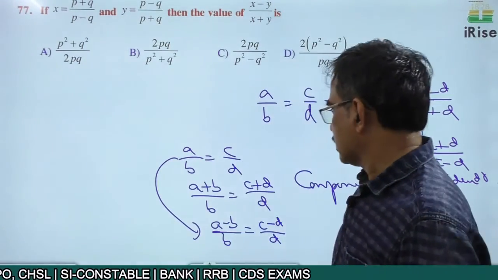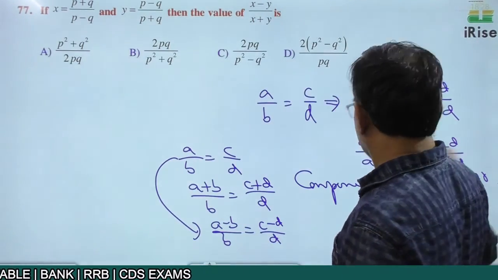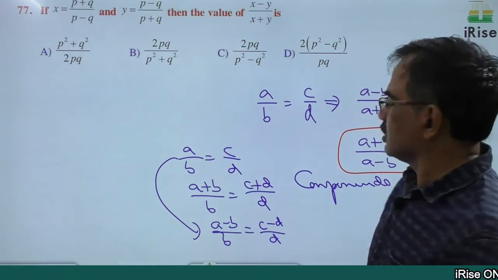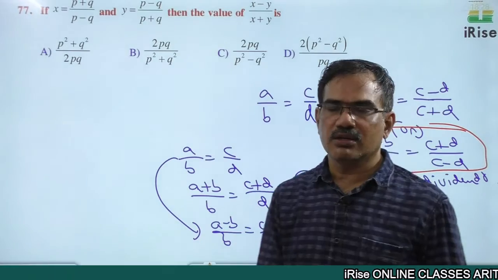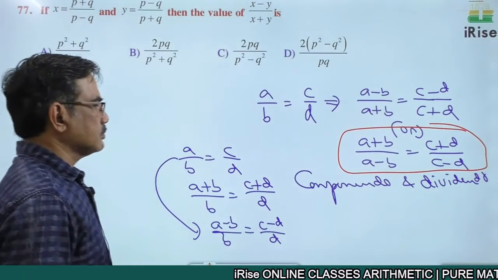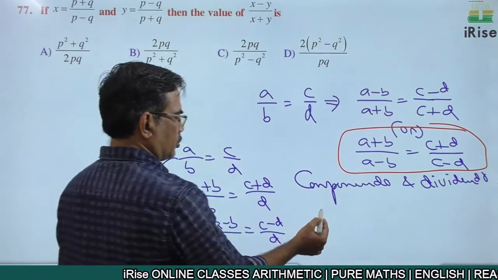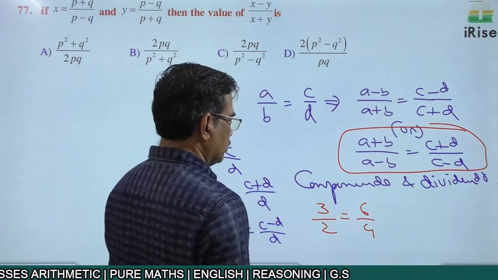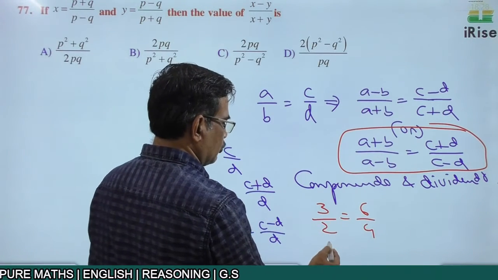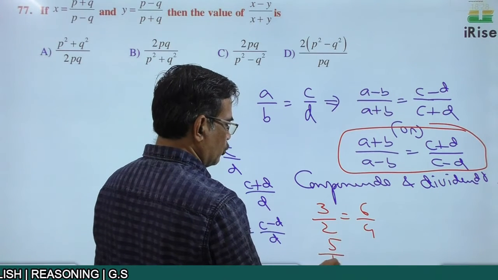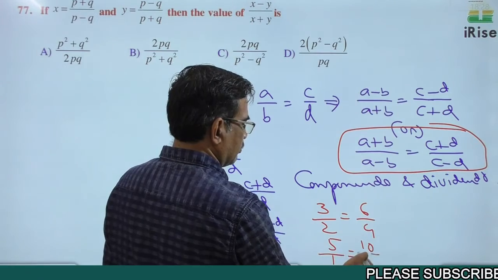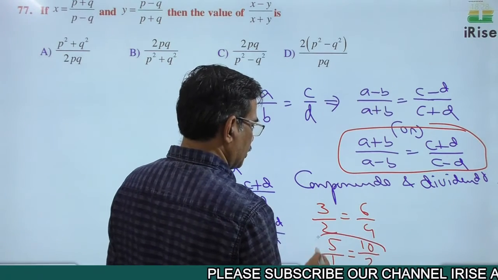Then just divide, we get (a plus b) by (a minus b) is equal to (c plus d) by (c minus d), called the componendo and dividendo rule. Very simple to understand. For example, 3 by 2 is equal to 6 by 4. 3 plus 2, 5, by 3 minus 2, 1, is equal to 6 plus 4, 10, by 6 minus 4, 2. Both are the same.